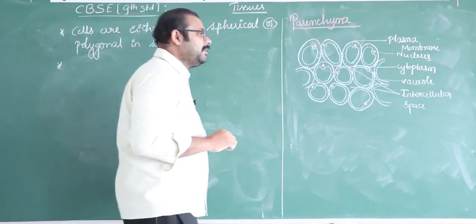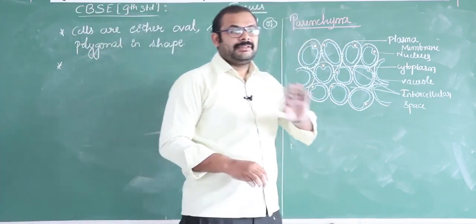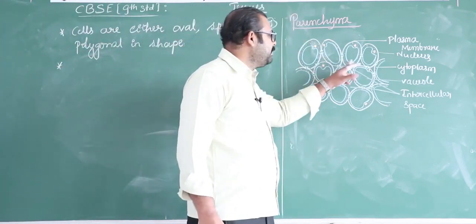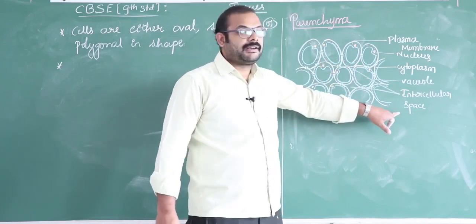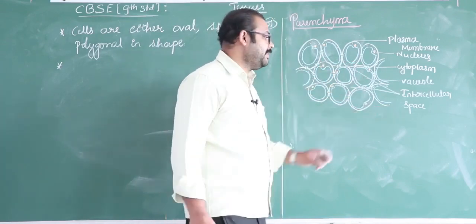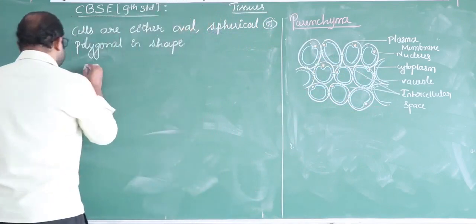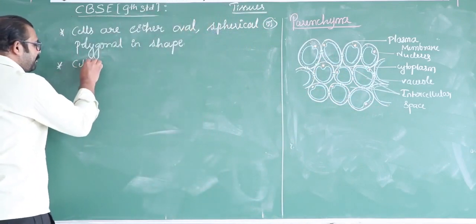And look here, unlike meristematic tissue, they have spaces between the cells. These spaces are called intercellular spaces. So here cells are not compactly arranged.